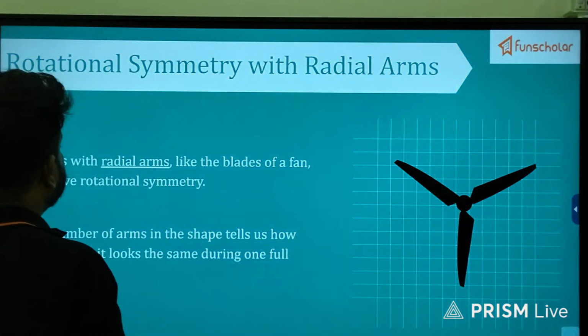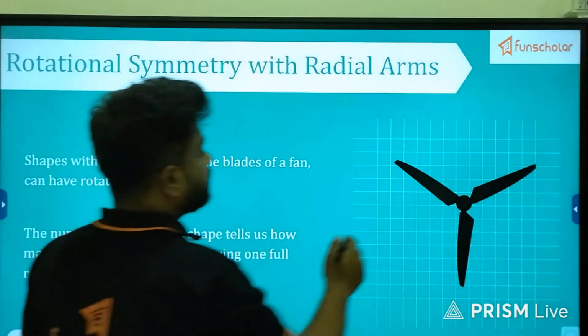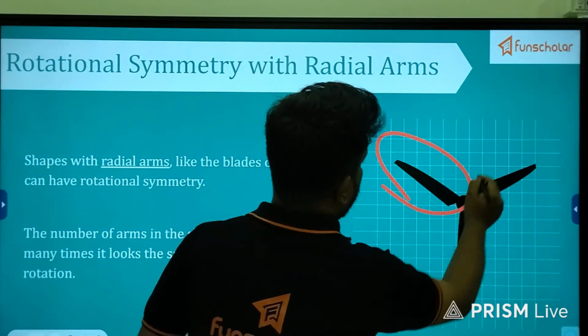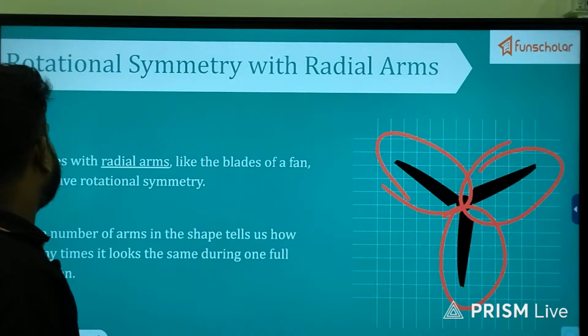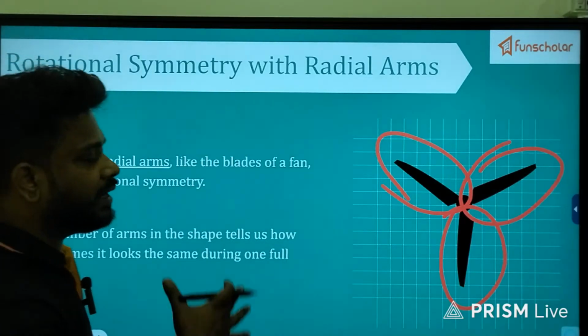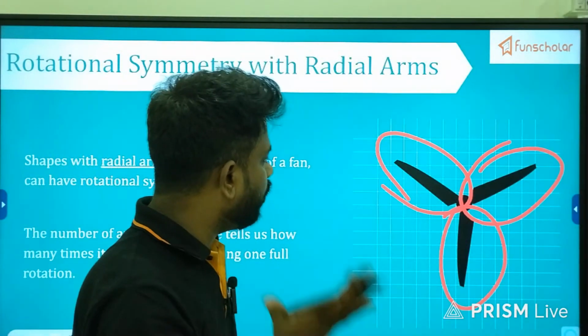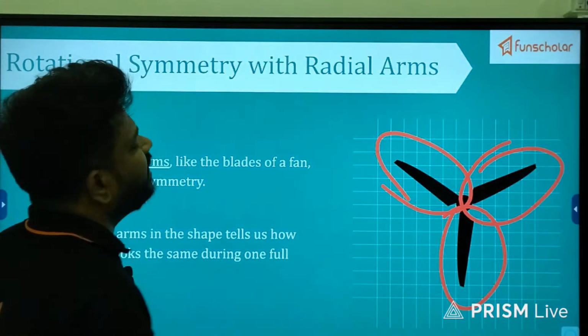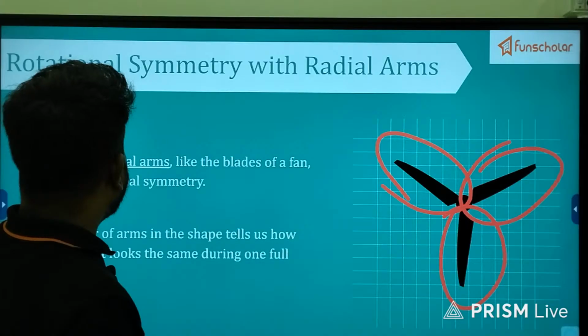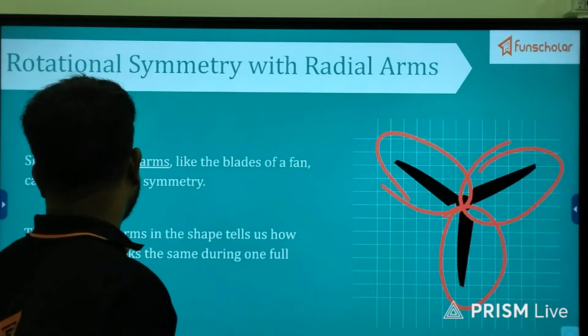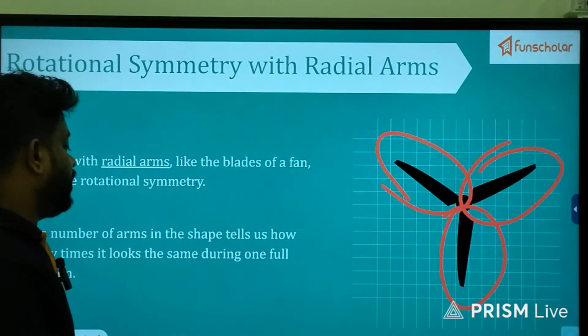So the arms are called radial arms. And talking about the radial arms of a fan, a fan generally has 3 or 4 blades, generally 3 blades. So the number of arms in the shape tells us how many times it looks the same during one full rotation.